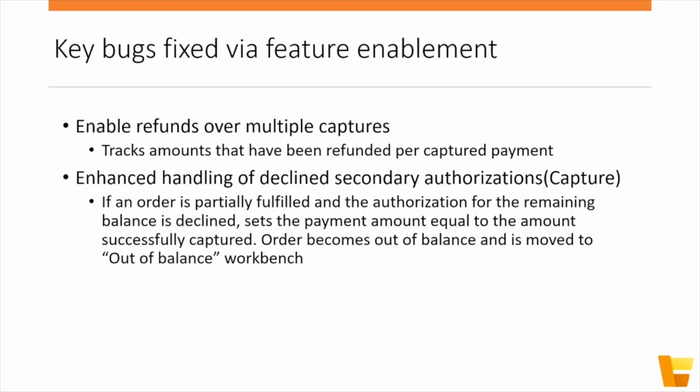This should cause your orders to go to the out of balance workbench. This depends on your overpayment and underpayment settings in call center, but the idea is this order would come out of the flow for fulfillment. It would be on the out of balance workbench, and a user would have to contact the customer to get a payment for the balance due on that order.